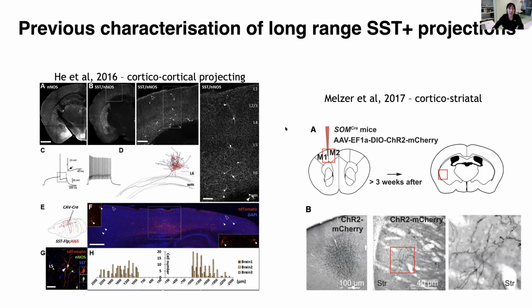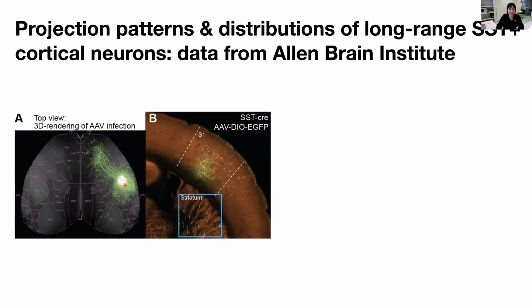Metzler et al. have shown that if you inject an AAV virus anterogradely into the motor cortex, you would see projections in the striatum. So they can also be cortico-striatal. More recently, the projection patterns that are publicly available on the Allen Brain Institute website showed that an injection in the barrel cortex will also result in projections in the striatum in the somatostatin Cre mouse line.